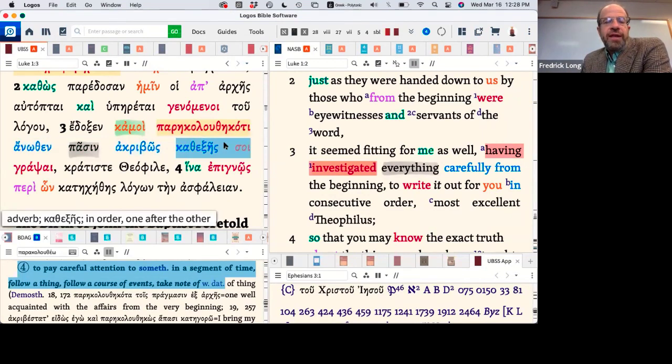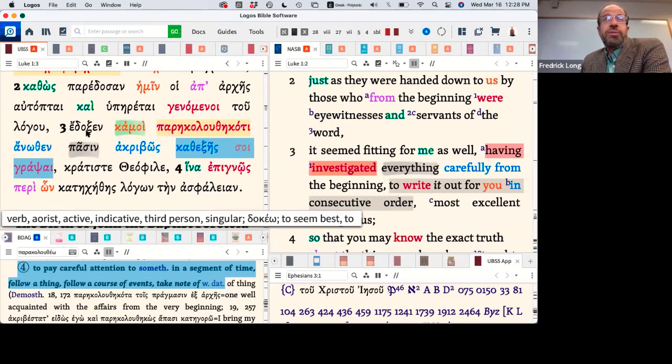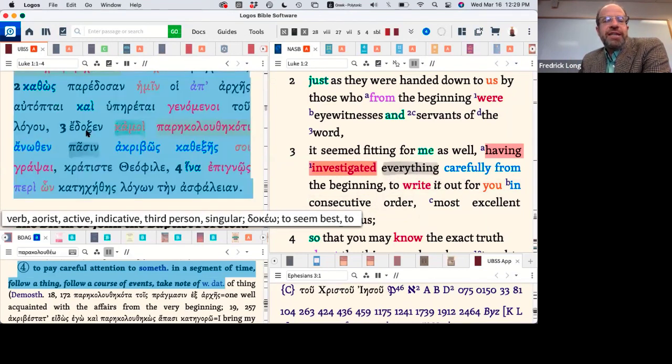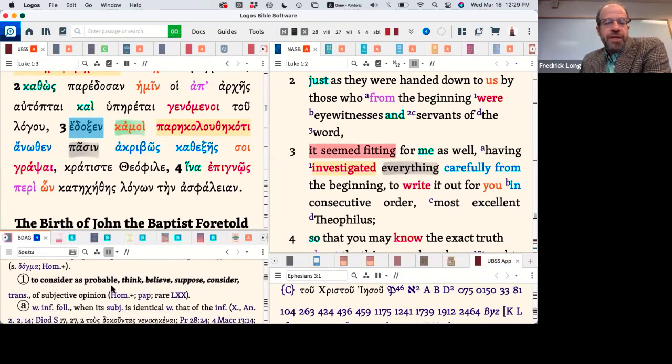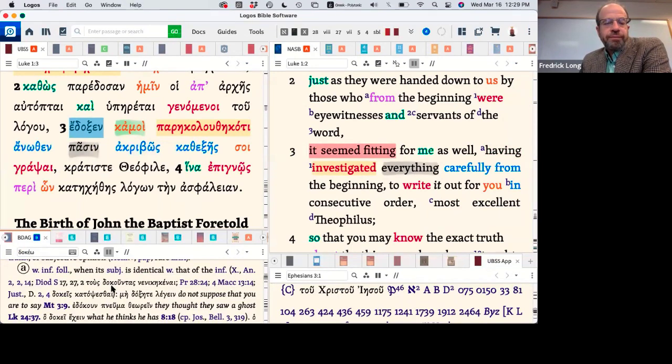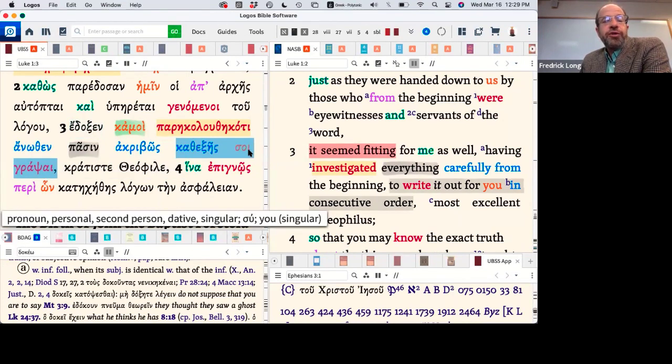Yeah. So then we have the infinitive, which technically is the subject of edoksen. So edoksen means to seem, to deem, and what's deemed good, to suppose, think. And what seems good to me is then the subject: to write up carefully for you.